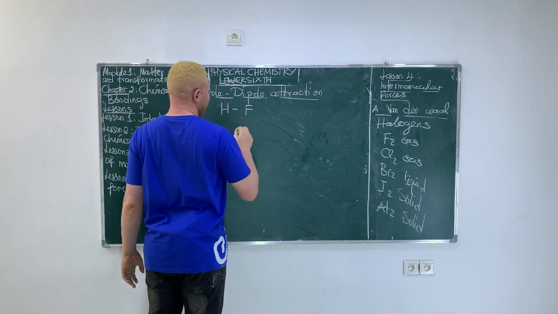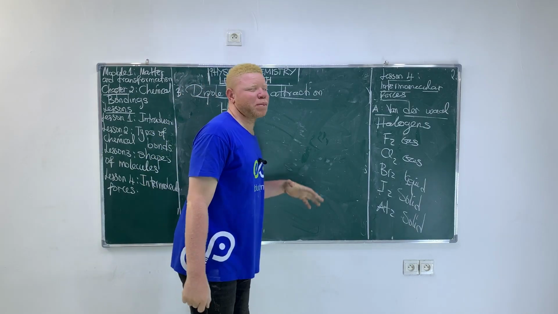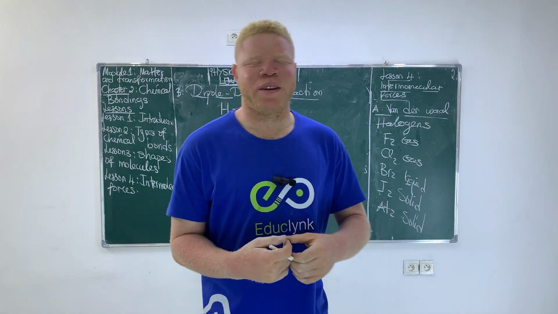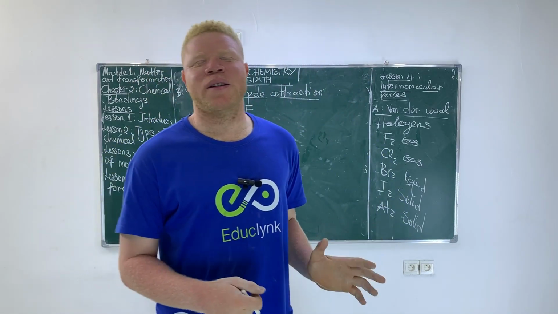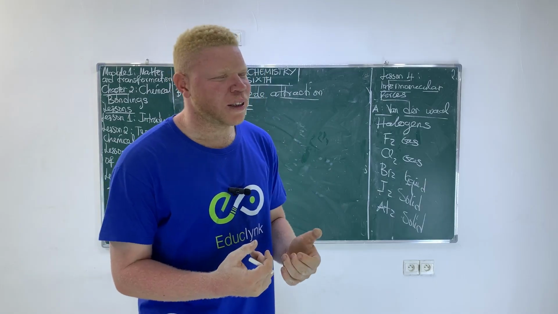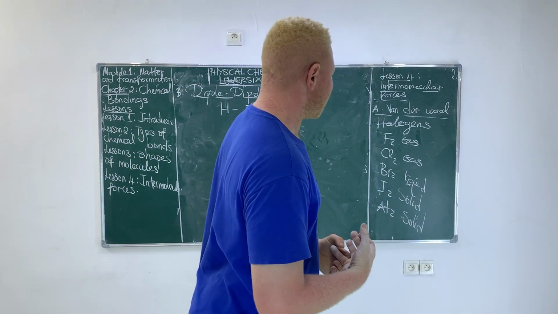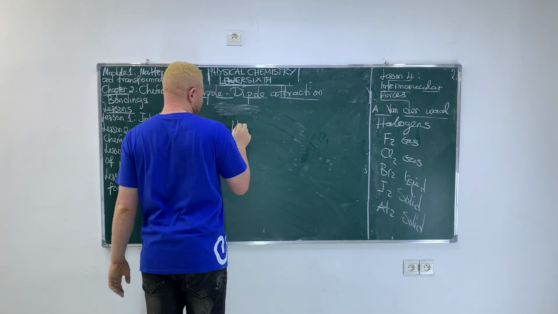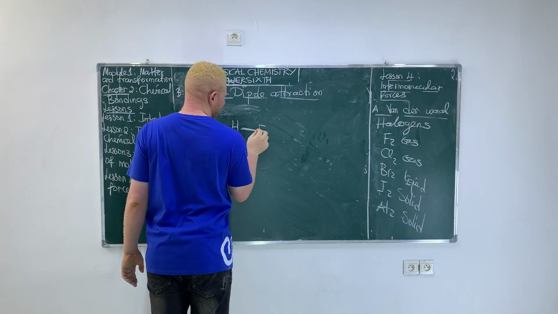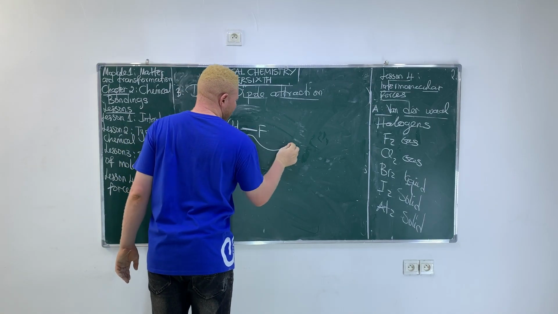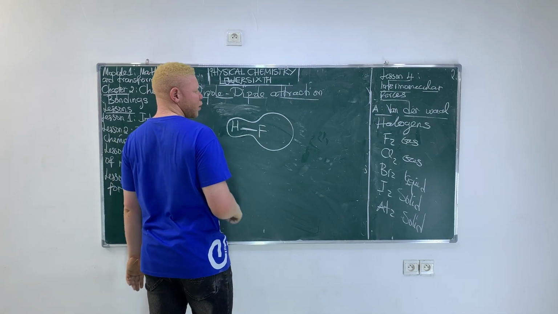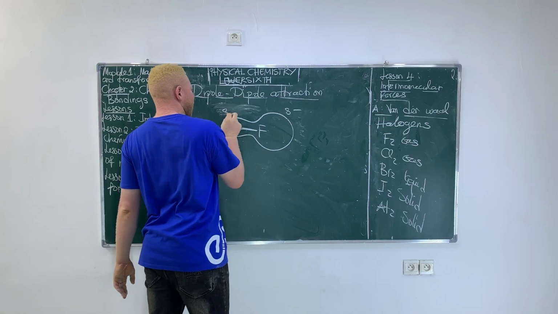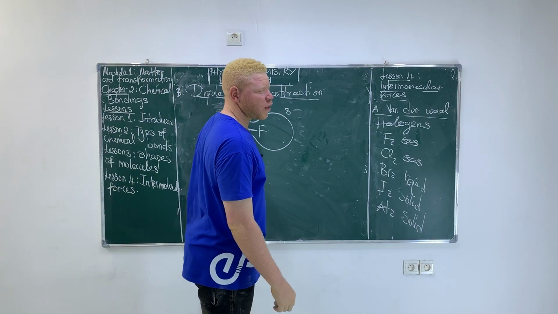Hydrogen fluoride. Moving across the period, electronegativity increases. The halogens are the most electronegative elements. So fluorine is more electronegative than hydrogen, and fluorine will drag the electron cloud towards itself. At the end of the day, fluorine becomes sigma minus, while hydrogen becomes sigma plus.